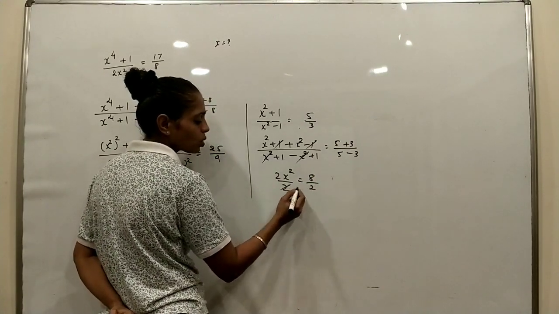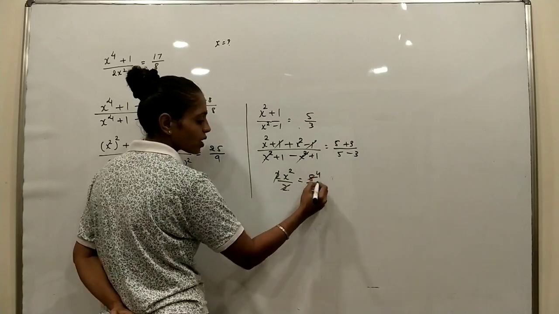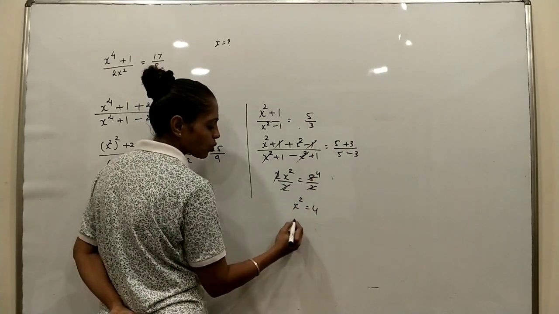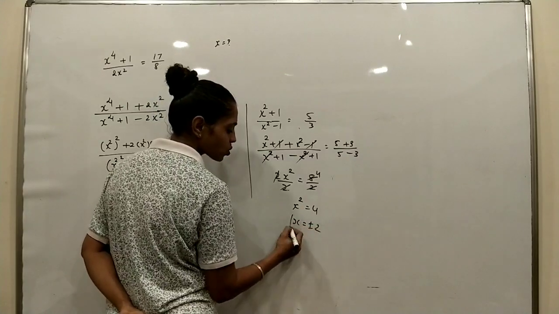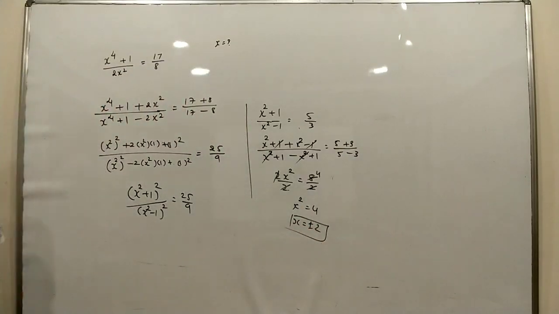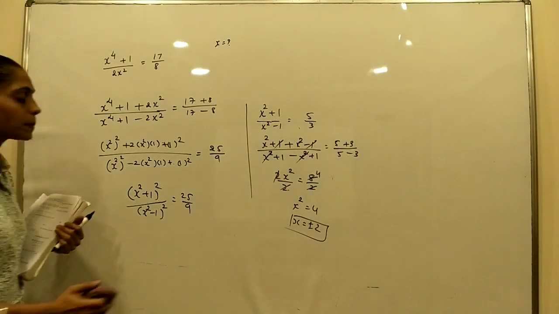Now 2 cancels, so x^2 is equal to 4, so x is equal to plus or minus 2. Okay.